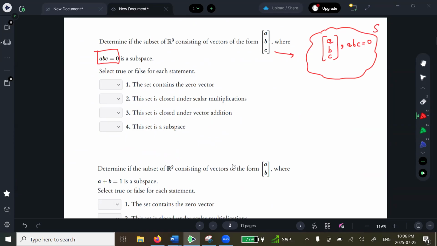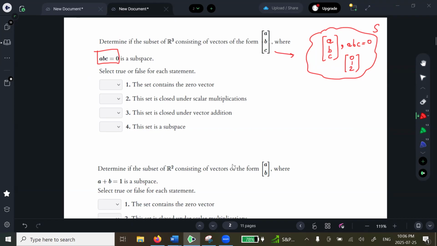Let's call it S. Okay? So these type of vectors are only allowed. So anything that when you multiply gives you 0 is allowed. So let's check if the conditions are satisfied. If 1, 2, 3 are satisfied, then we know that this is a subspace.